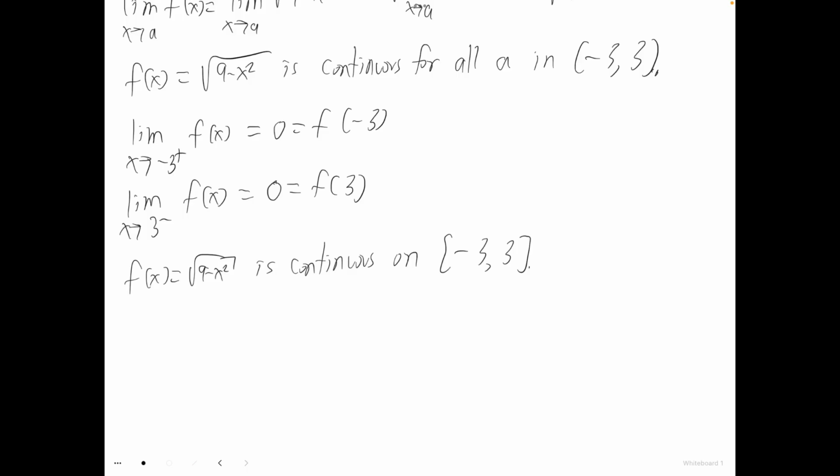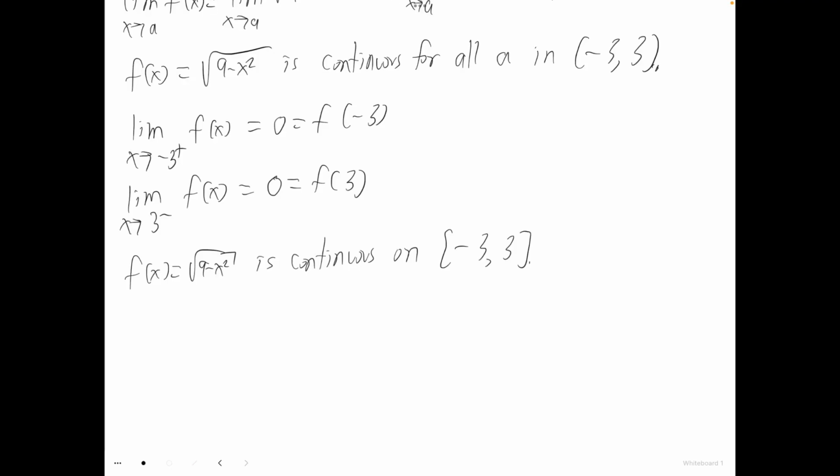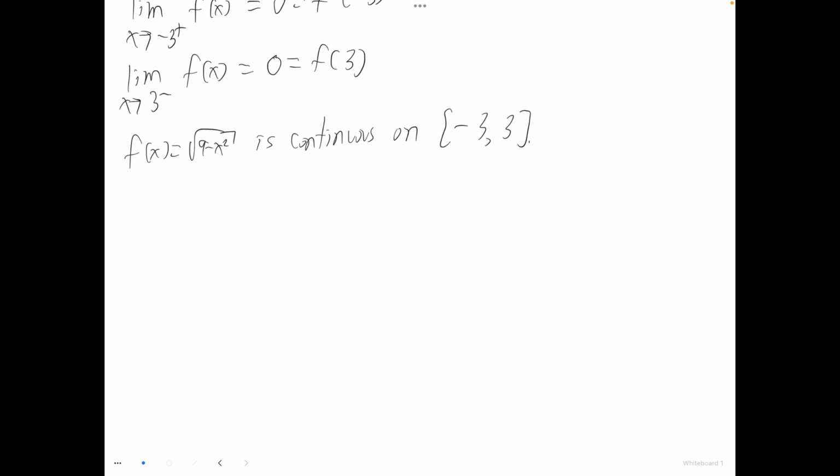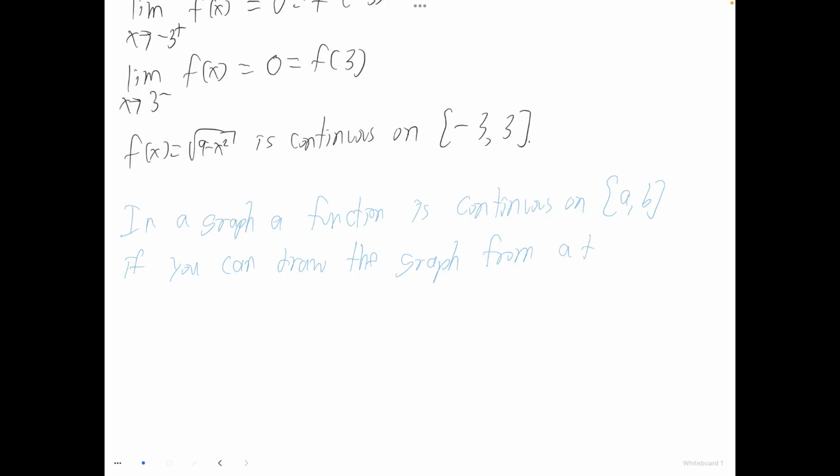And so now this idea of being continuous is really easy to see in a graph. In a graph, basically all this means is the following. In a graph, a function is continuous on an interval a to b if you can draw the graph from a to b without lifting your pencil.